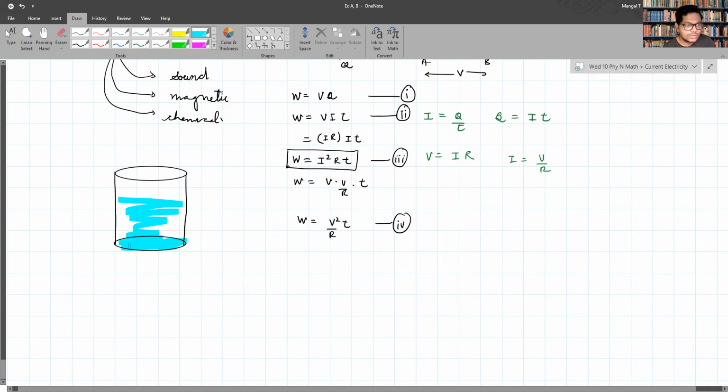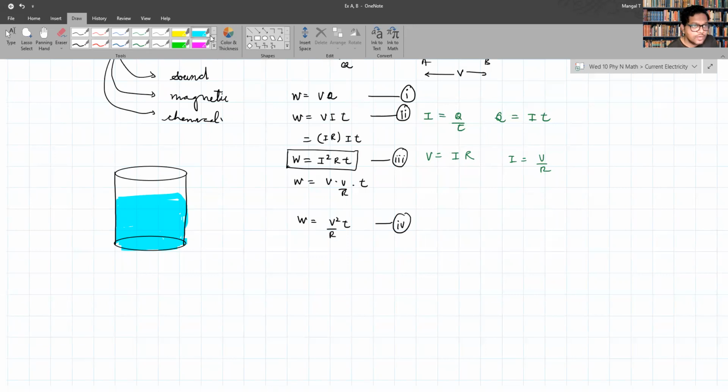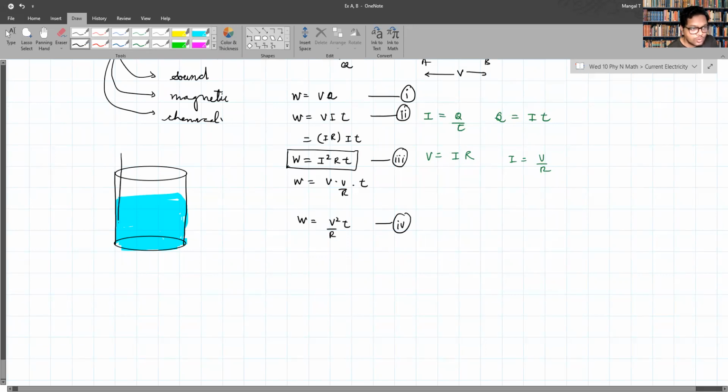Okay, so here you have water filled in over here, right? And we are allowing current to flow through it. Okay, so there is a resistor, and you can say that you have like a rheostat. Yeah, so this is a resistor R.